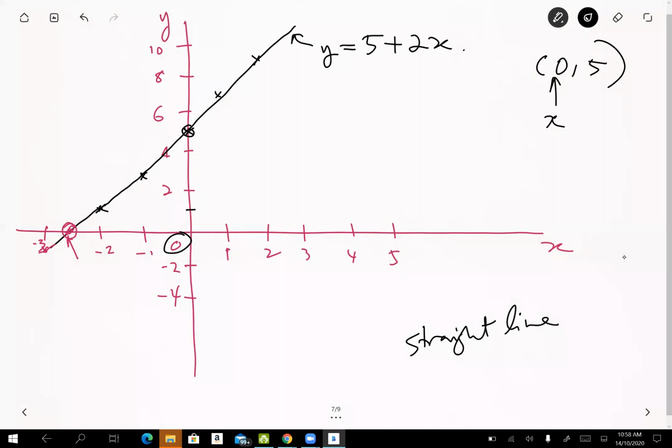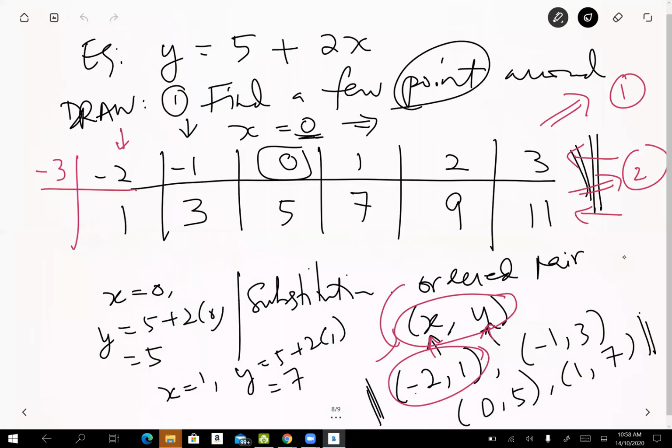So if you look at the graph, you want to find that point, okay? Where the line cuts the x-axis. Oh, I'm sorry, I should go back to the graph.